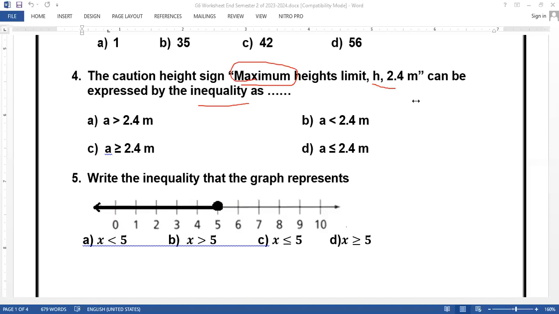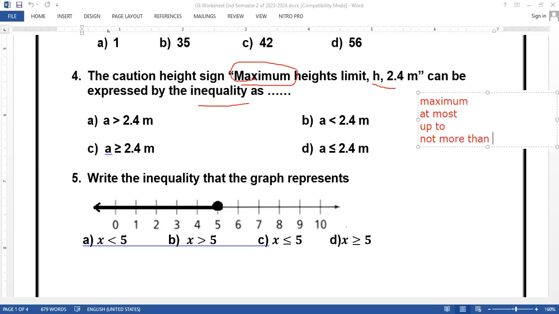So what are the words that help us to use less than or equal? Maximum means less than or equal. At most means less than or equal. Up to means less than or equal. Not more than.